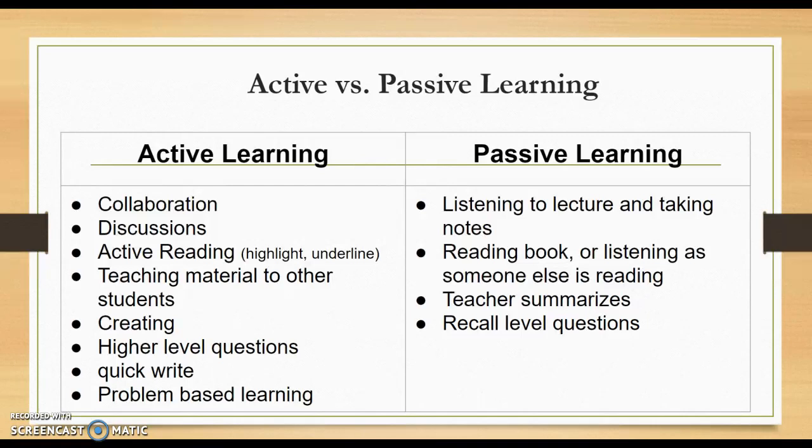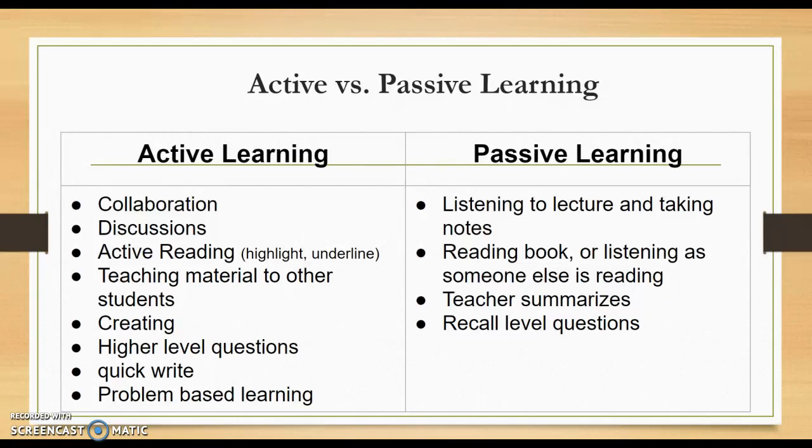And then when you get at your active reading, so we still have to be reading during the class, but what are they doing while they're reading? Are they highlighting? Are they underlining? Even if we just have questions that they're looking to answer as they're reading, making sure that they're still higher level questions as they're going through that process. Have the students teach the material to each other.